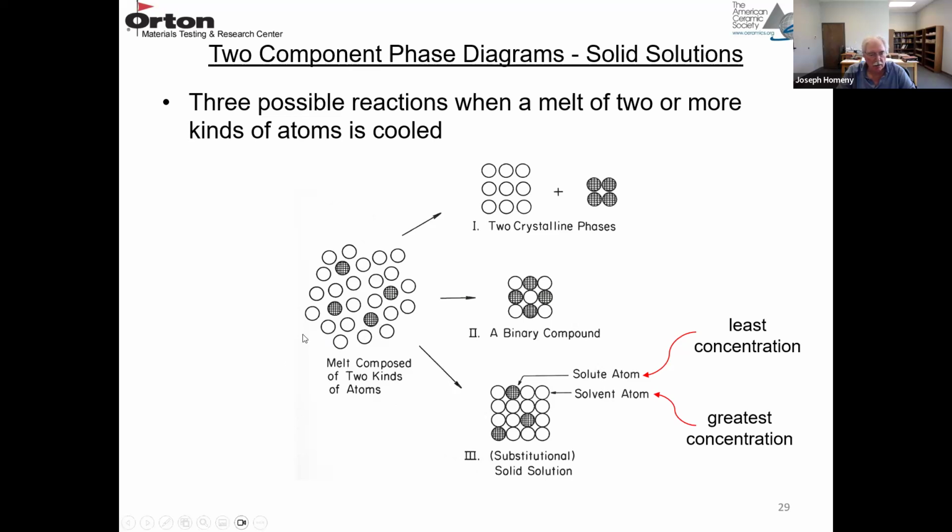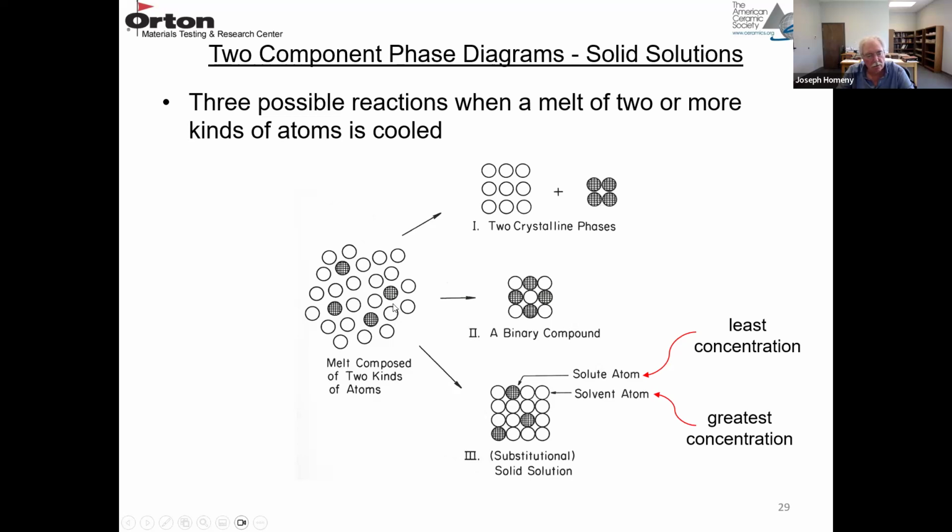This is the melt of two different kinds of atoms in a random arrangement. One possibility is you develop two crystalline phases. The open circles are one phase and the crosshatch circles are another phase.